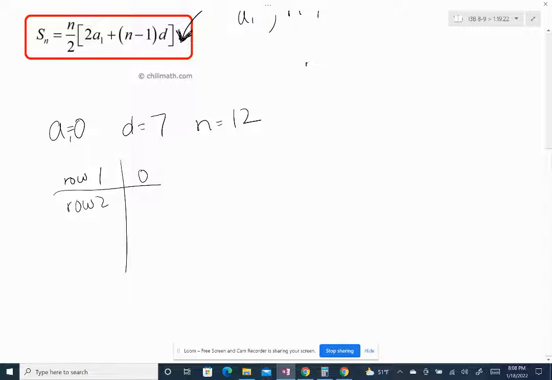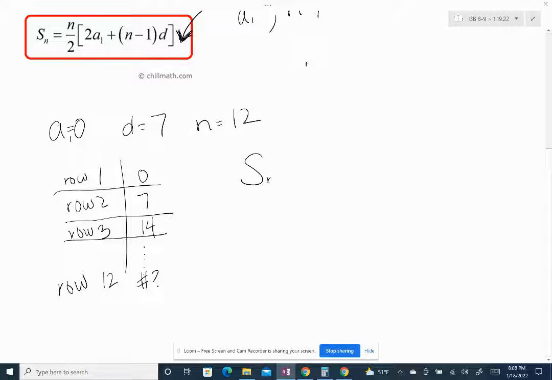Row 2, you have to add 7, so 7, 14, and so on, until you hit row 12, and we don't even know what that number is.